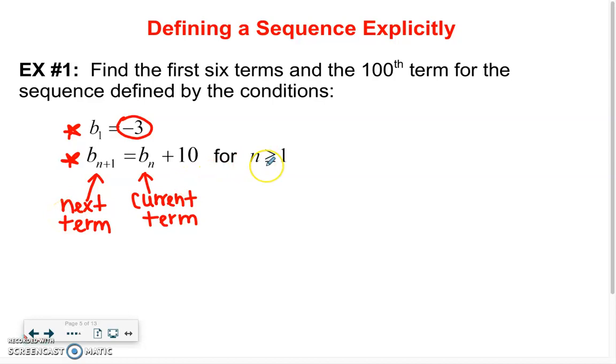So we're going to say, okay, B1 is -3. That means that's my first term. In order to find B2, I'm going to take the current term that I know, that's -3, and the formula says to add 10, which means that my second term would be equal to 7.